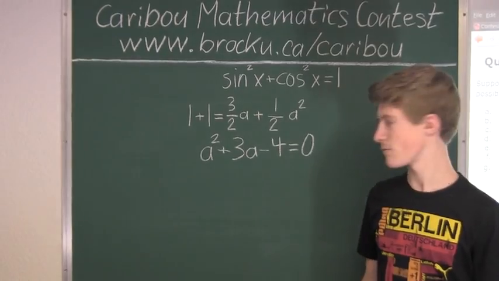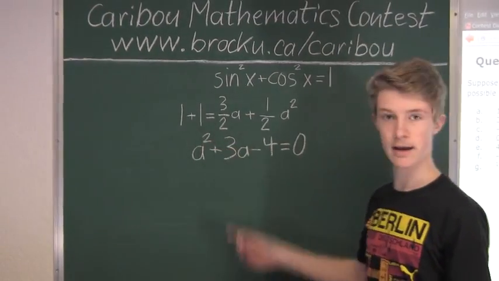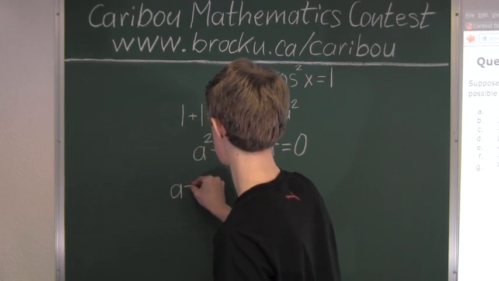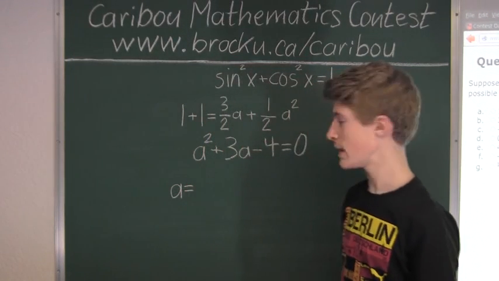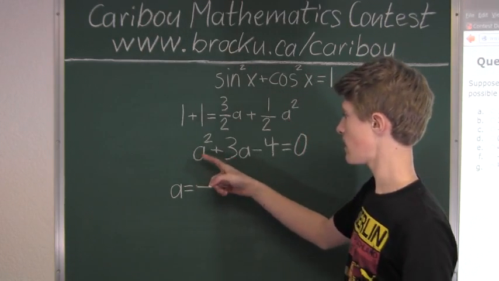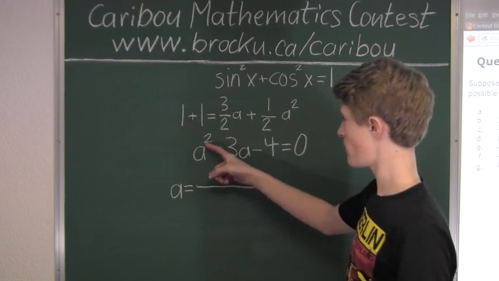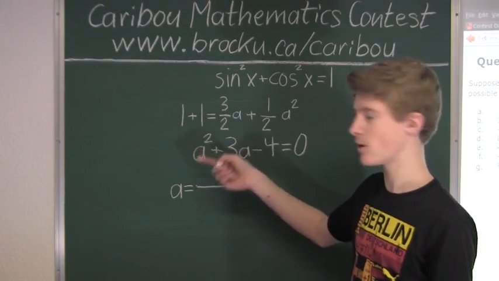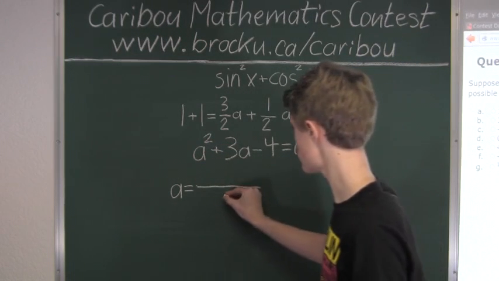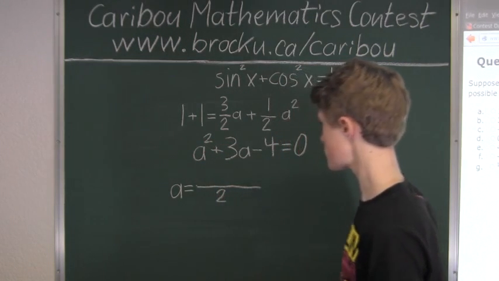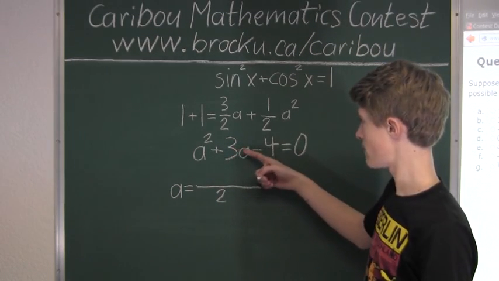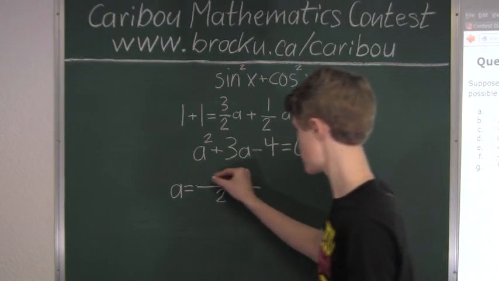So now we will use the quadratic formula. To solve for a, we will have a equals, and now we will take 2 times the coefficient of a squared, which is just 1 because it's 1 times a squared, and 2 times 1 is 2, so we have over 2. And then we have minus the coefficient of a, which is 3, so minus 3.